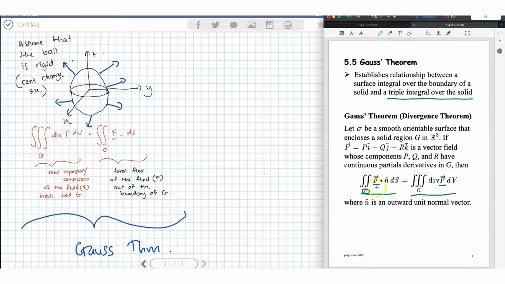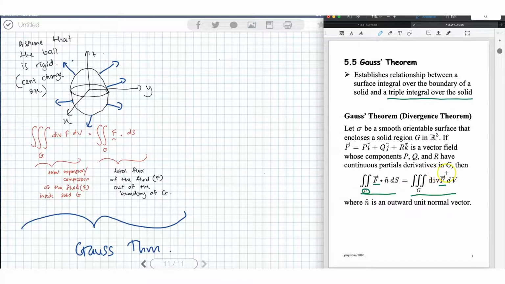So the value from the left is similar to the value on the right side. This formula is called the Gauss theorem, or sometimes people say this is the divergence theorem, because as you can see from the formula, there is a divergence.